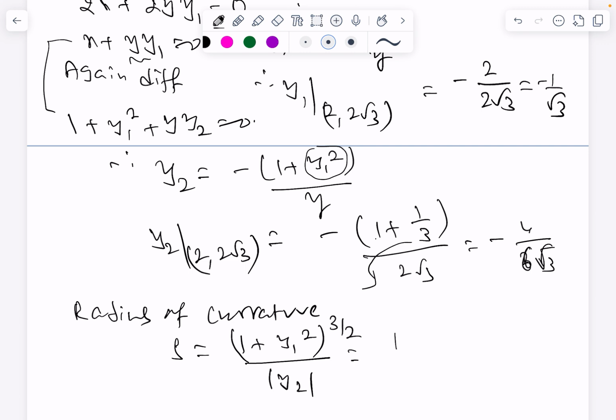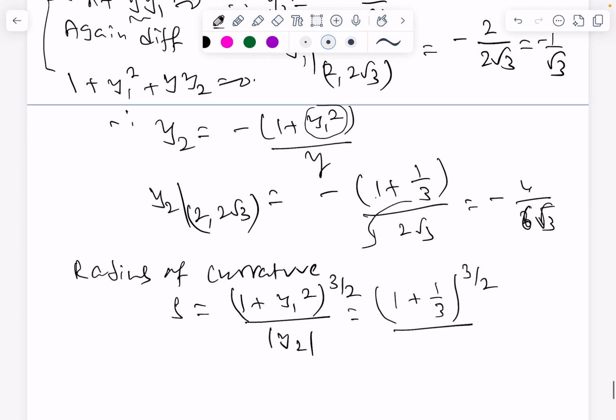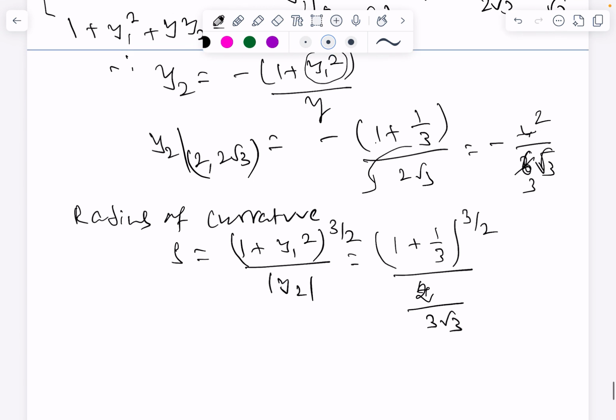Here y1 is minus 1 by root 3 and its square. So 1 plus 1 by 3, power 3 by 2, over 4 by 6. Consider it like this, 2 here and 3 here, so this is 2 by 3 root 3.